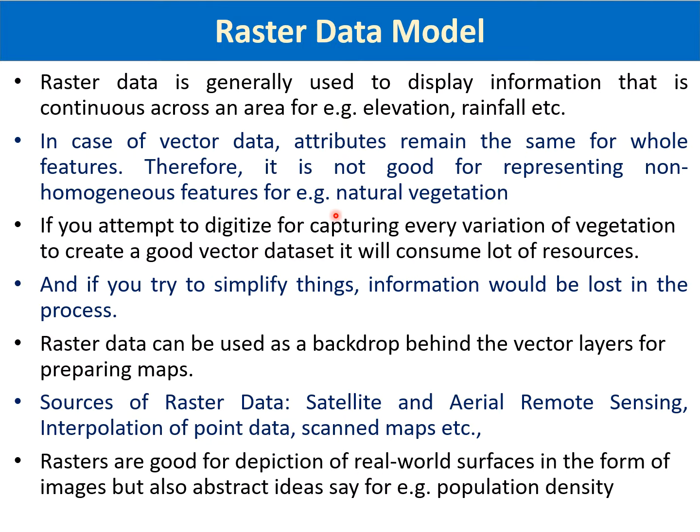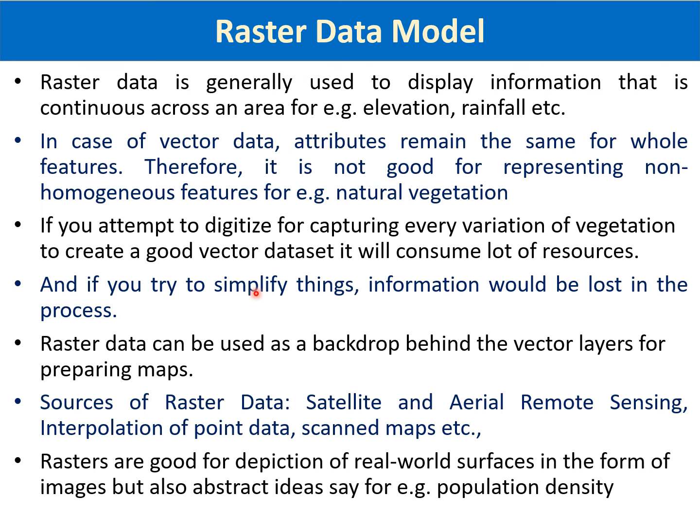For example, natural vegetation varies in terms of predominant species, in terms of health of the vegetation, etc., from place to place. And if you attempt to digitize for capturing every variation of vegetation to create a very good vector data set, it will consume a lot of resources and time.